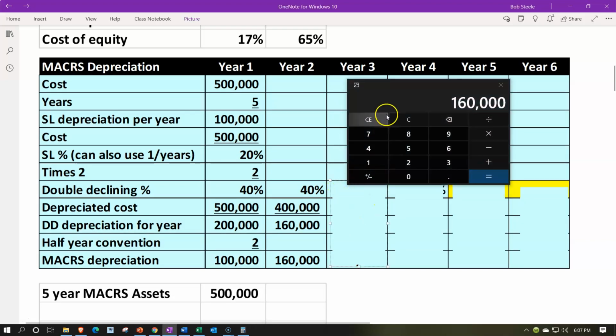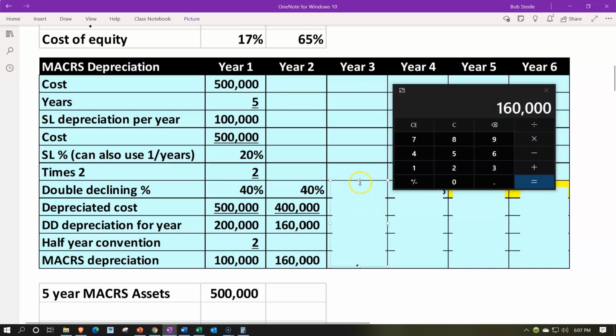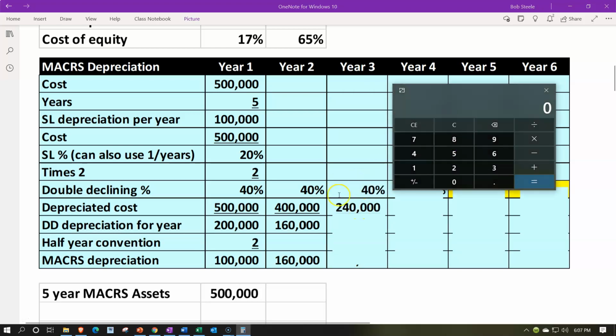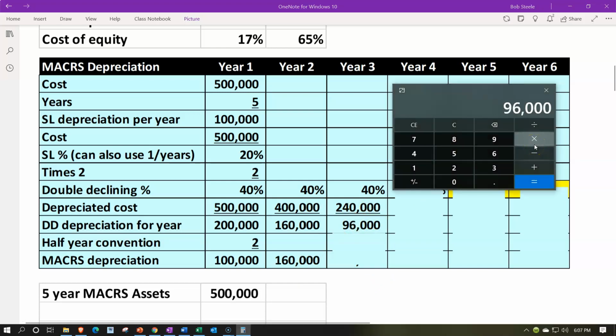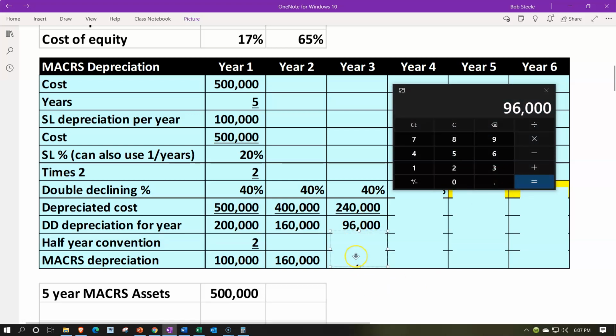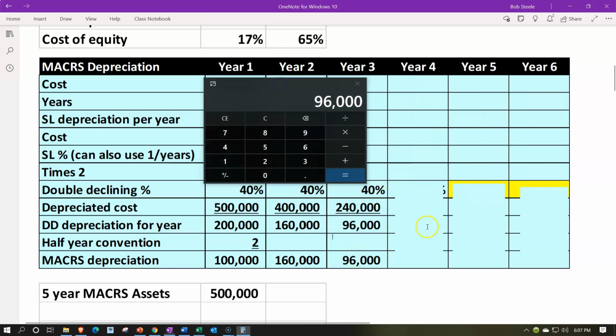Then we'll take the 400,000, our last book value on a tax basis, minus the 160,000. That gives us cost minus the accumulated depreciation, 240,000, times the 0.4 double declining rate. There's our 96,000. Let's do it for year 4 here, because that's the next year in line.